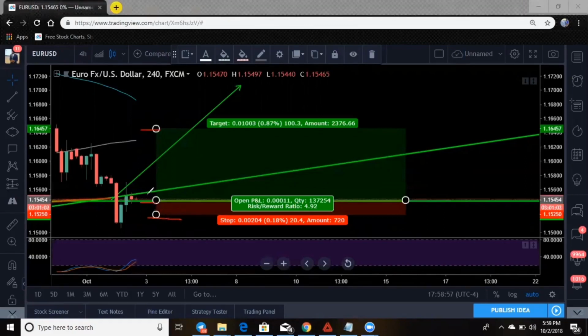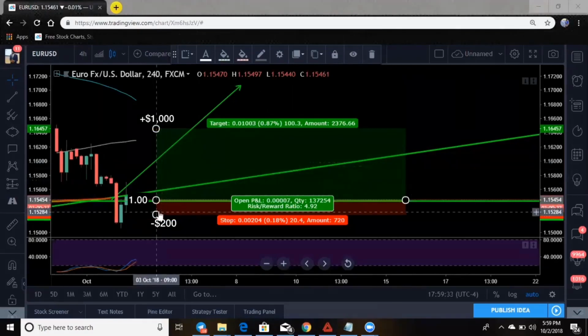So if I put a standard lot right here, it's 1.00, and I'm expecting a buy towards take profit 100 pips, and my stop loss is right underneath the green line, which is a support at 20 pips. I am risking negative $200 to be able to make positive $1,000.